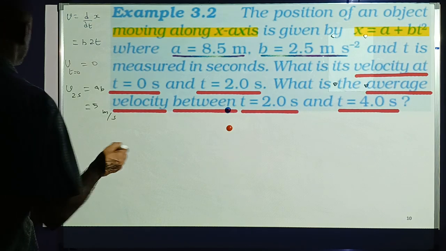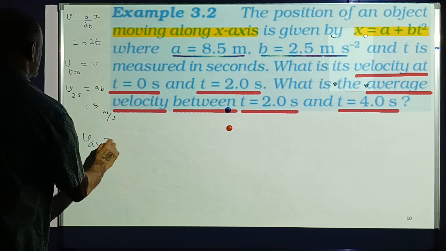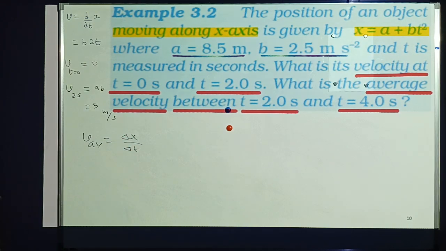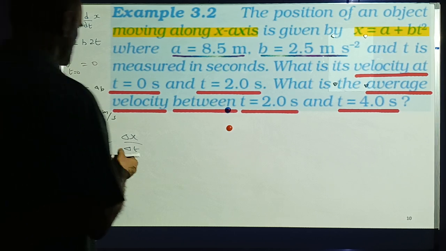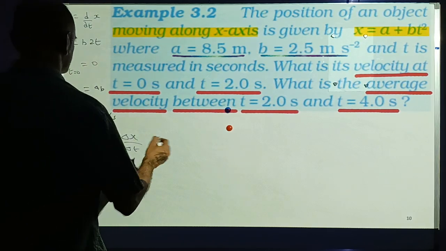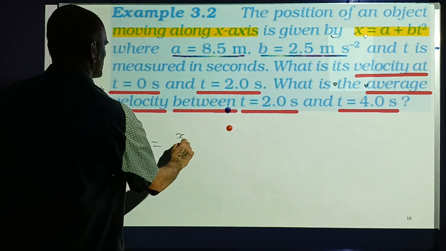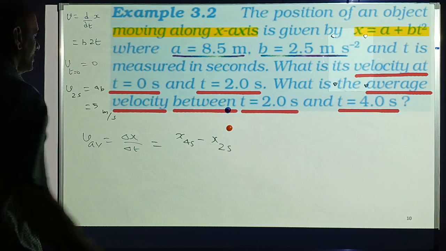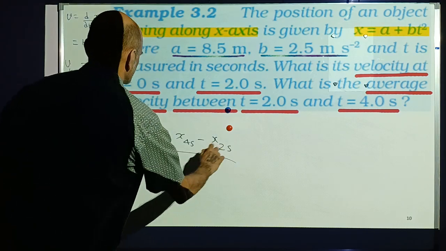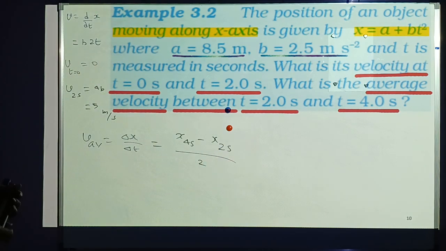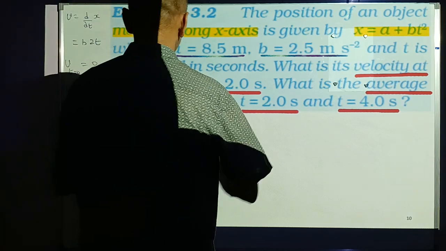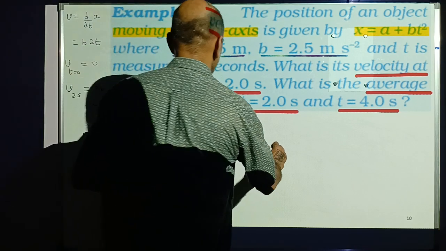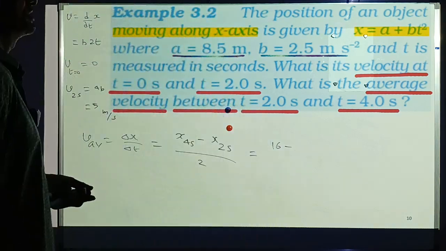Average velocity is defined as the displacement delta x over the time delta t. So here you have to find the displacement between the time interval, x at 4 seconds and x at 2 seconds, and the time interval is 2 seconds, 4 minus 2 is 2. So x at 4 seconds is a plus 16b, and x at 2 seconds is a plus 4b; a and a will cancel.